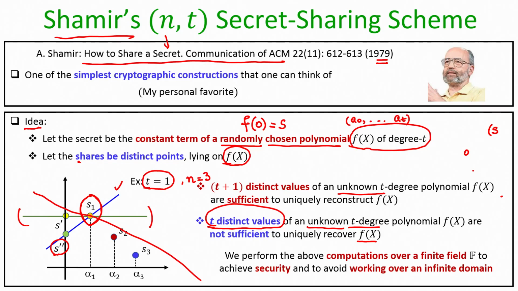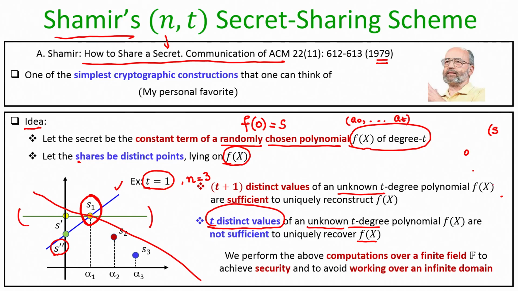So, just using the first share S1, it is simply not possible to exactly identify the straight line which the dealer has used, and hence it could be any secret which the dealer would have shared. So, you do not have sufficient information, if you are just given t shares, to uniquely reconstruct the dealer's unknown polynomial, and hence you cannot uniquely get back the dealer's secret.